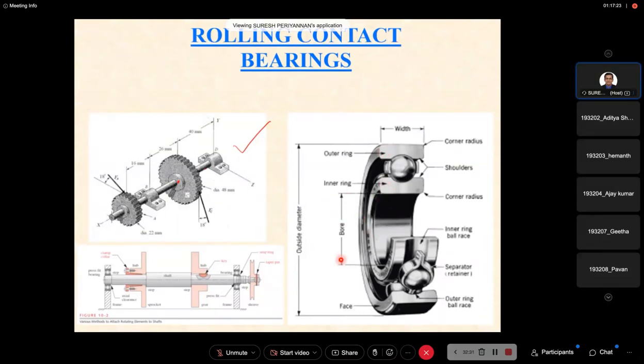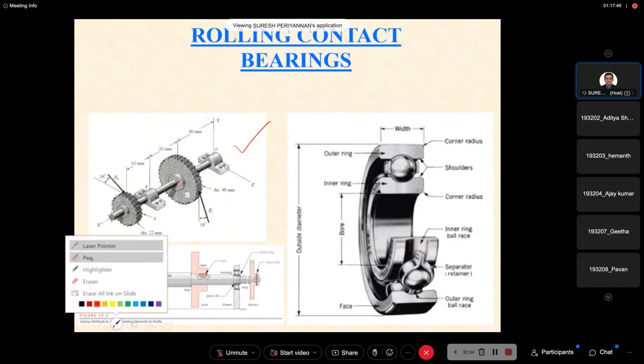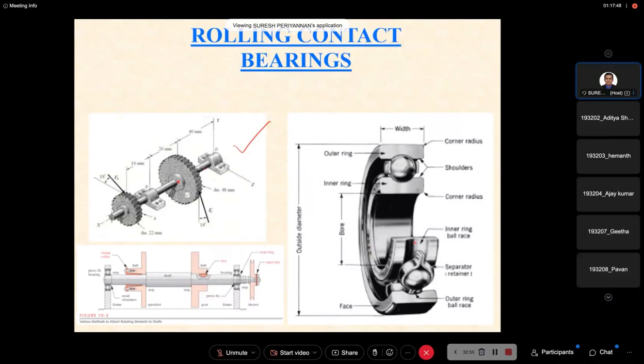Now, this is the bore, which is equal to our shaft diameter. The shaft is going to be inserted in this region only. The inner bore diameter is equal to the shaft diameter. Now the inner ball race is very important. This is the inner ball race, where the ball's bottom side is sitting.